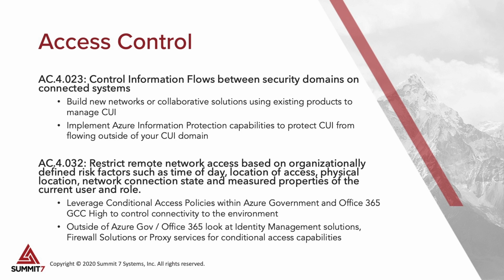Outside of Azure Gov and Office 365, there are lots of solutions out there that can do similar capabilities. Some of them are integrated or portions of firewall deployment. Some of them are proxy services, identity management solutions, and there are others as well. But outside of the Office 365 GCC High and Azure Gov platform, you would have to integrate these solutions based on whatever other needs you have in your IT environment.